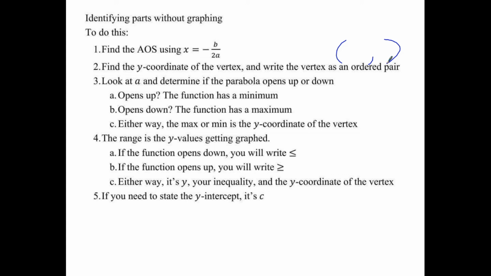Then we look at the a value. That's the number attached to the x squared term, to determine if the parabola opens up or down. Positive a value, the parabola opens up.